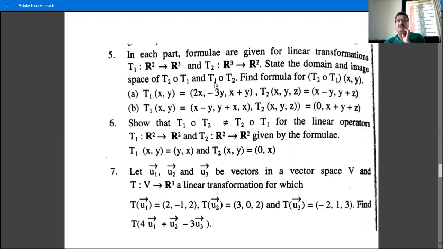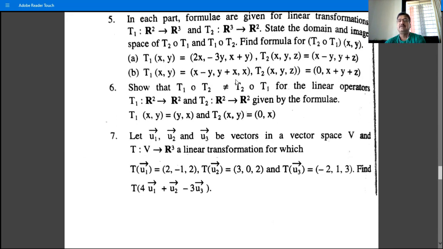Again, T1 circle T2 is defined if the codomain of T2, which is R square, equals the domain of T1, which is R square. So in this case, T2 circle T1 and T1 circle T2 are both defined. So I have to find the formula for T2 circle T1 and T1 circle T2.